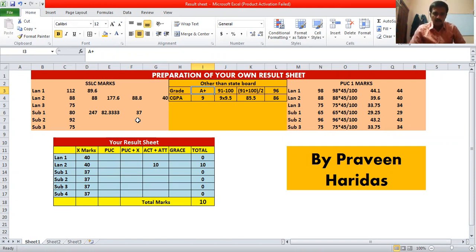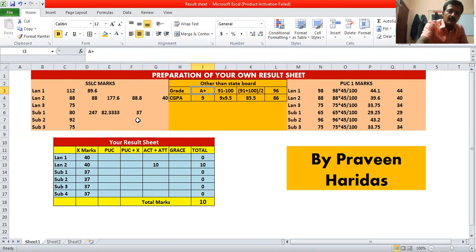And the same if it is CGPA. If it is CGPA, then the CGPA will be multiplied by 9.5, and whatever result there is will be converted into 45 marks by multiplying it with 45 by 100.